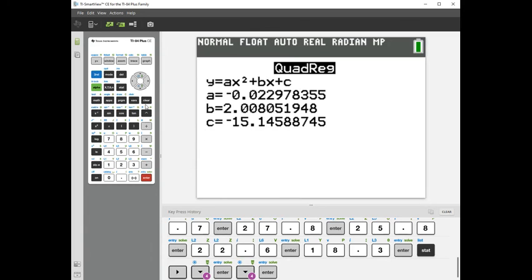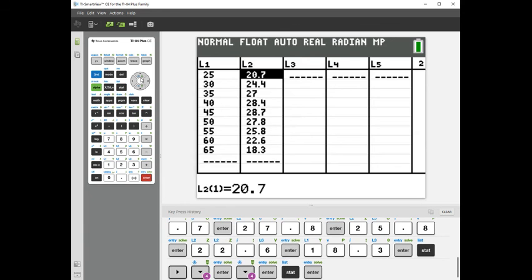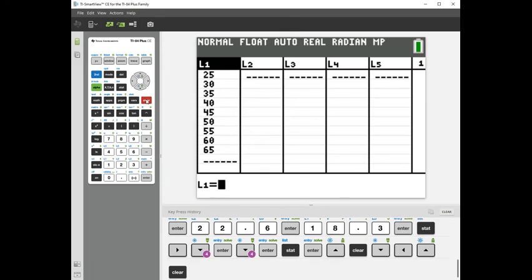Now we did question 8, let's go do question 9. We're going to do the same thing. First go to your Stat button, Edit. We need to clear out those columns so we can put the new columns in.